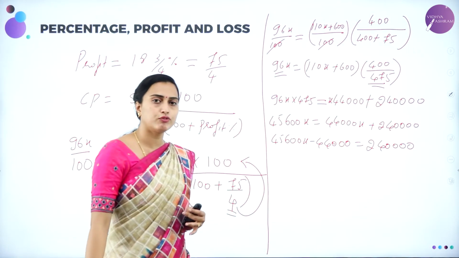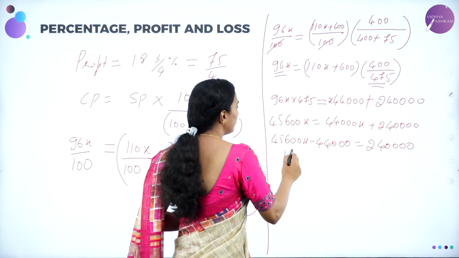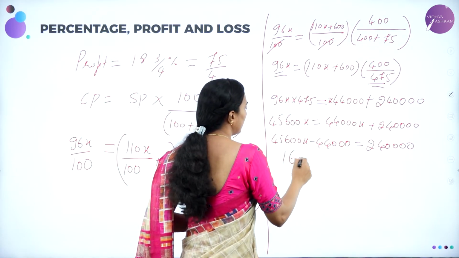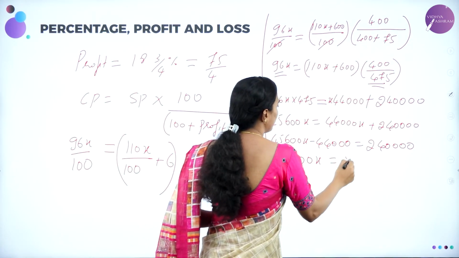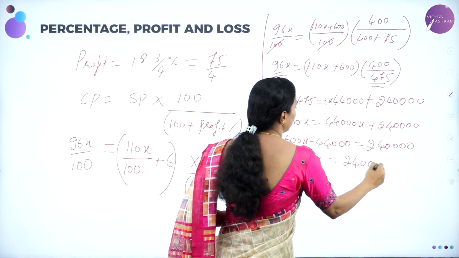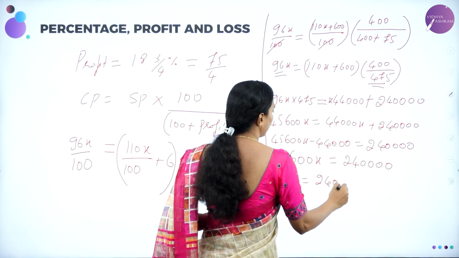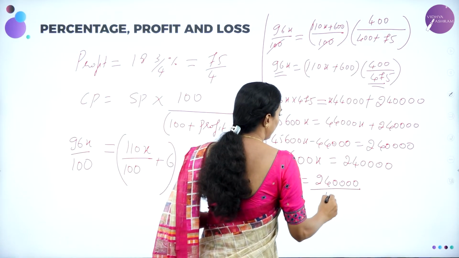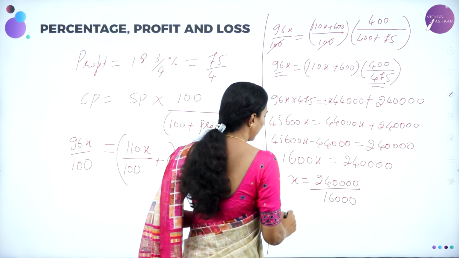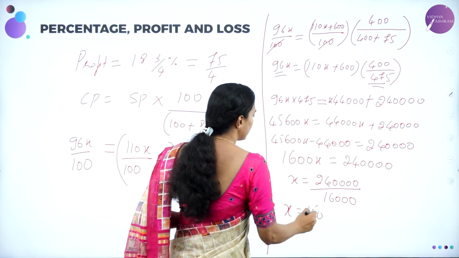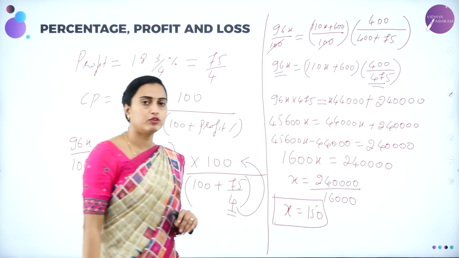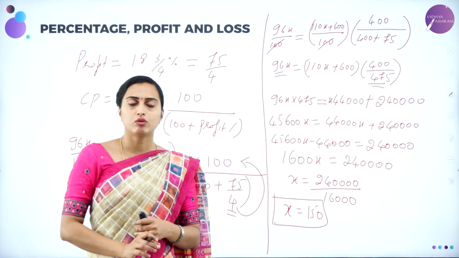Therefore x will be equal to 2,40,000 divided by 1,600. After cancellation you get the answer 150. Therefore the book was sold at rupees 150.